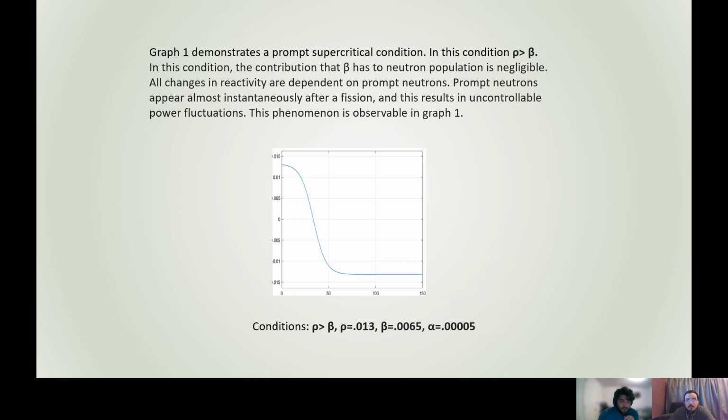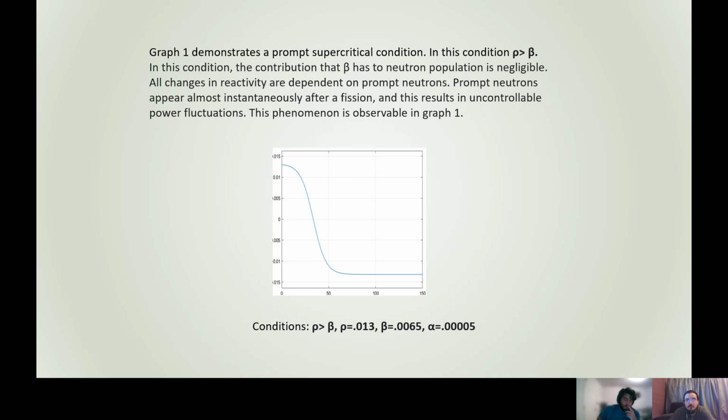And so here in this graph, we're looking at a reactor that is in a prompt supercritical position. We're having a change in our reactivity, and it's happening very quickly. So in this condition, our initial reactivity is going to be greater than our delayed neutron fraction. And this creates a situation such that the delayed neutron fraction has a negligible effect on reactivity.